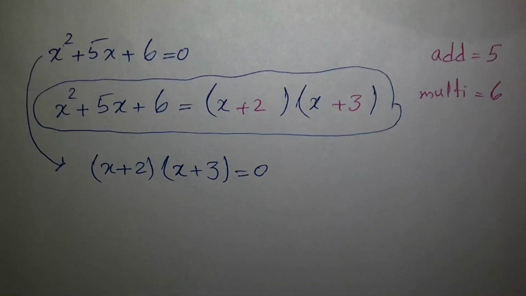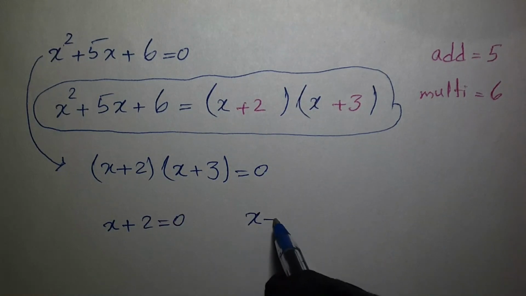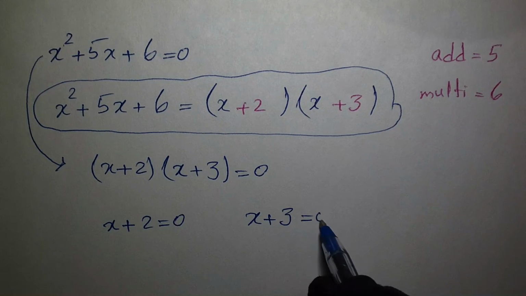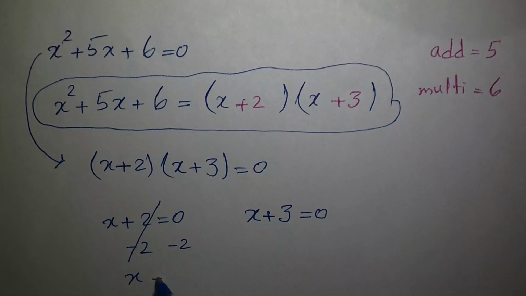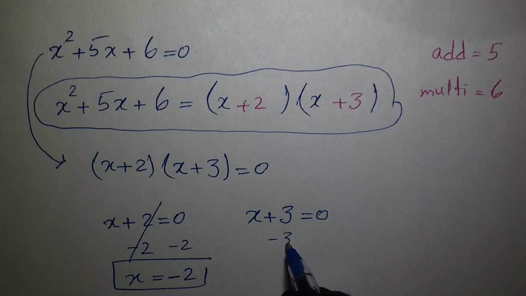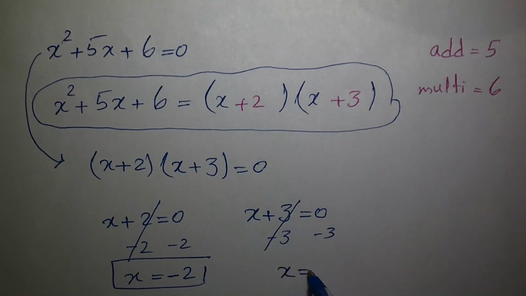We use the zero product property to solve this equation. That means x plus 2 equals 0 or x plus 3 equals 0. Solving these two linear equations, one solution is negative 2 and the other solution is negative 3.